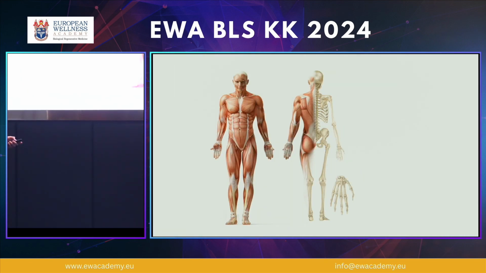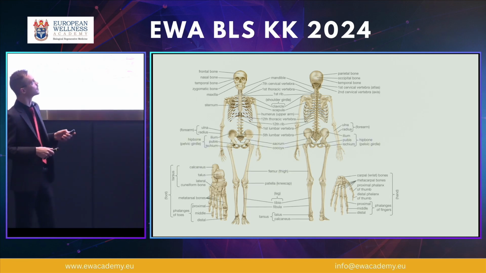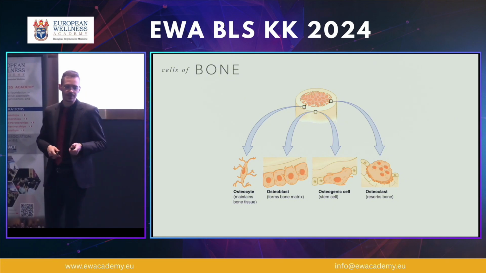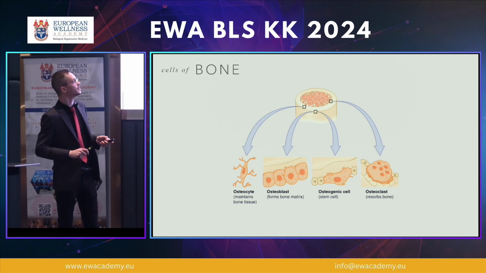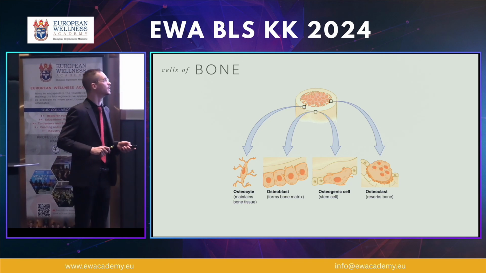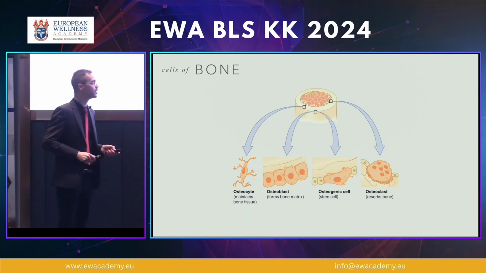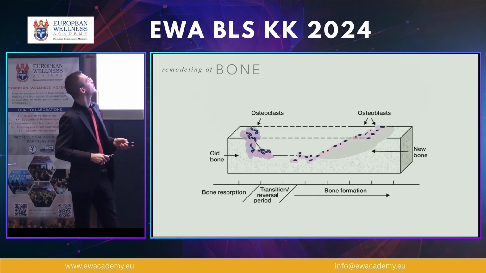This is all about the muscles that we have, about 500 of symmetrical muscles. Going further to the bones, about 206 bones we have. We have discussed a little bit that we have osteogenic cells that become mature into osteoblasts and become osteocytes that form the bone, and there are osteoclasts that resorb the bone.